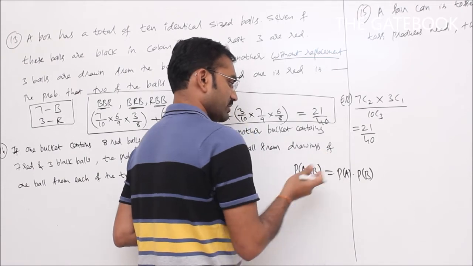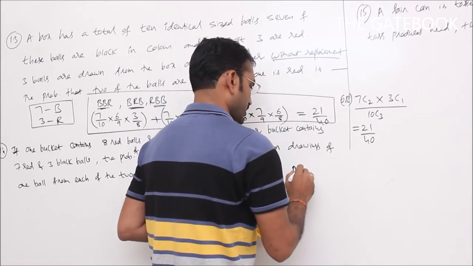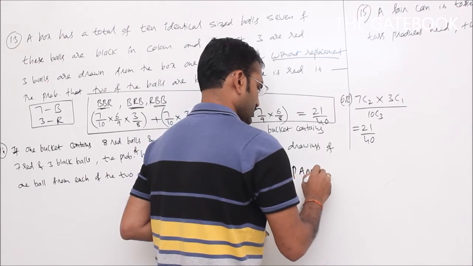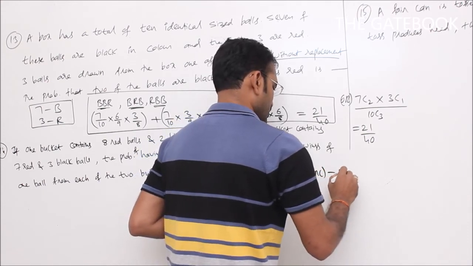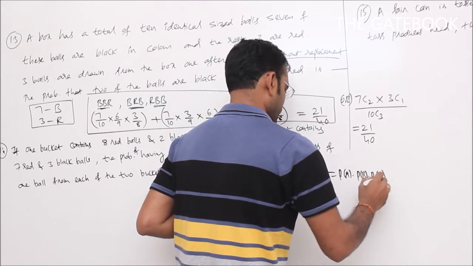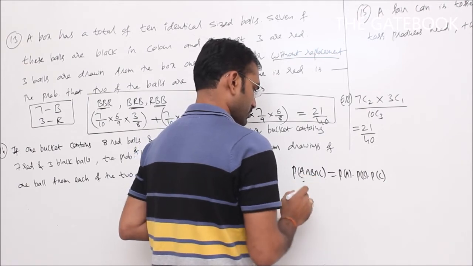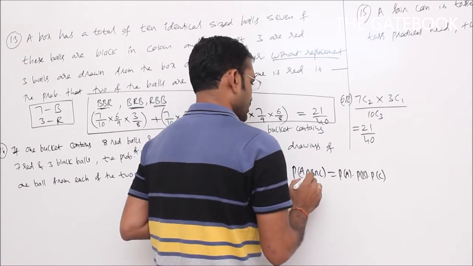For three events, consider three events. P of A intersection B intersection C is equal to P of A into P of B into P of C for three events where A, B, C are independent.